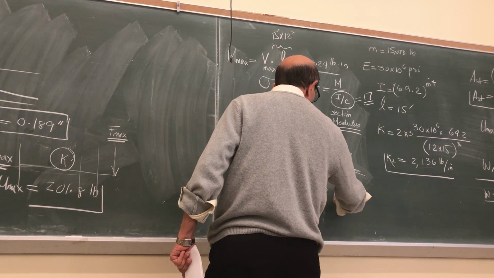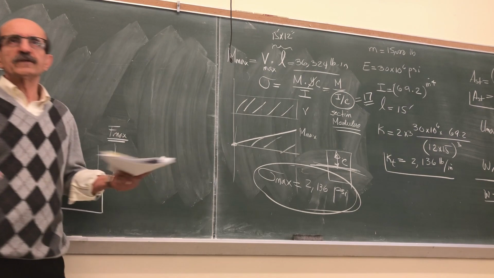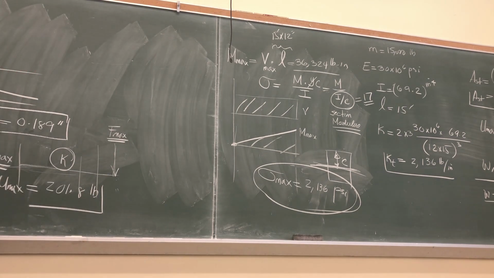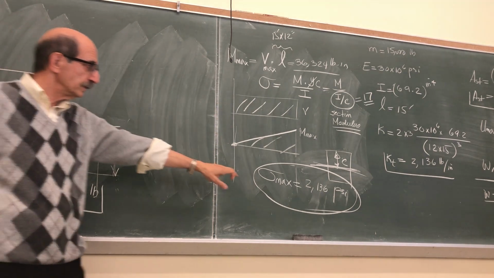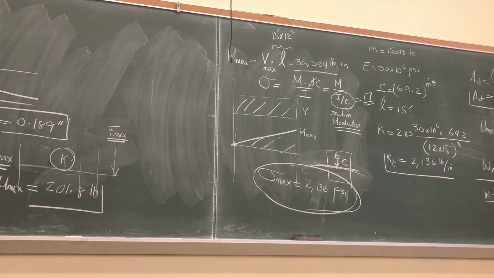2,136 PSI. Then you look at, of course, the ultimate stress of the material, if it's steel or whatever, whether that exceeds it or not. But that's the maximum bending stress that you get, which in this case, given that the displacement was almost twice the static displacement, is almost twice the static stress that you would be getting.